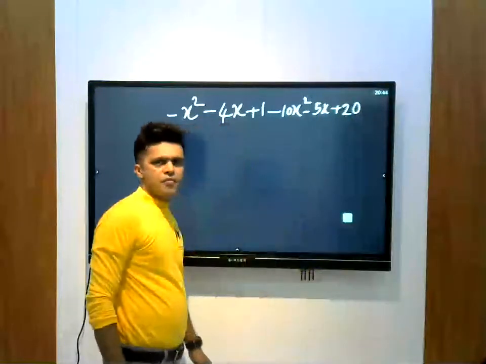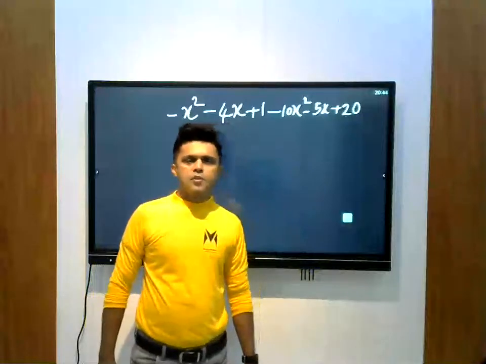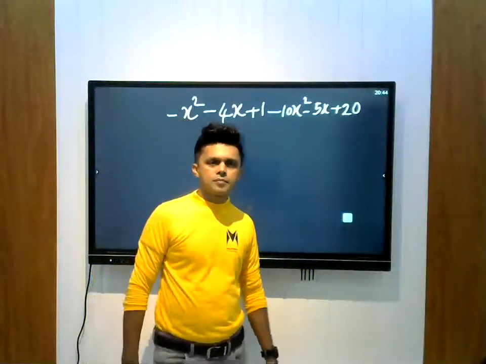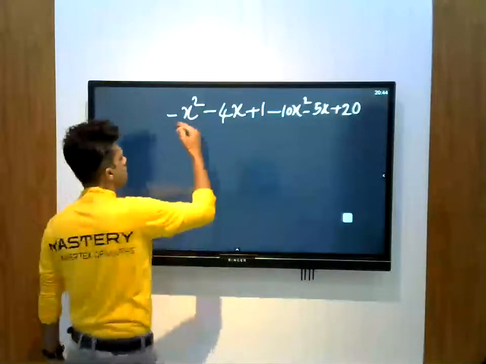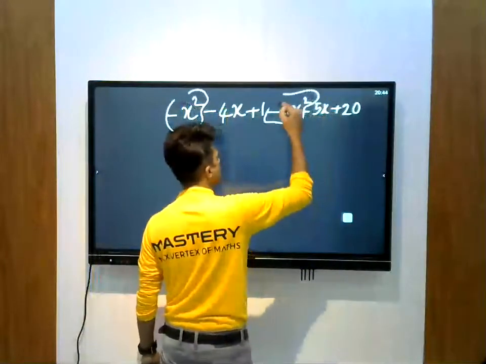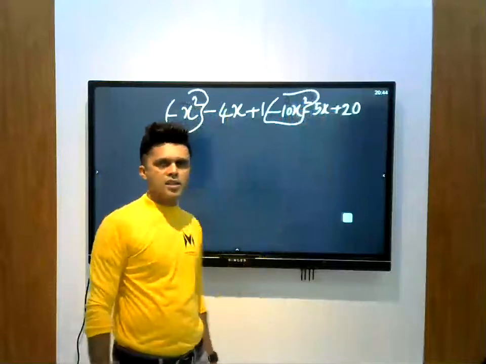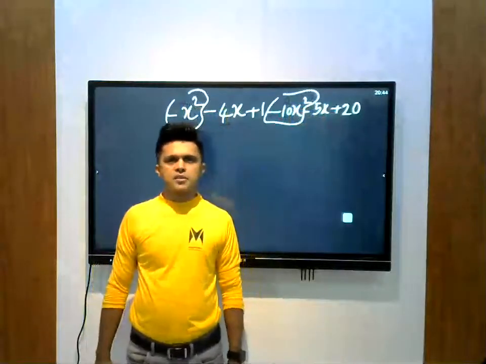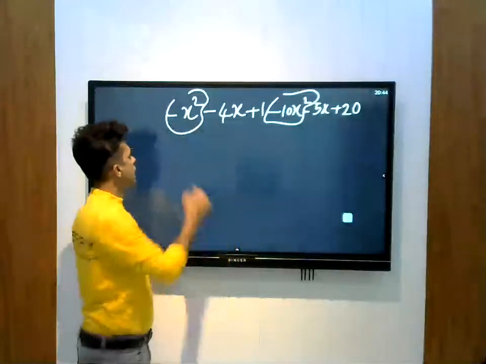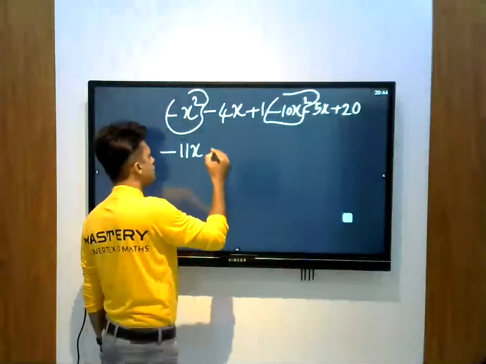Simplify like terms. Here, minus x squared and minus 10x squared. What's the answer? The answer should be minus 11x squared.